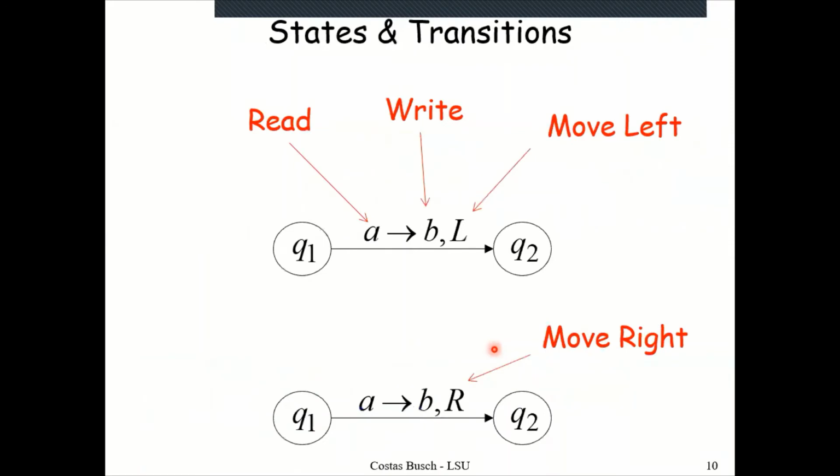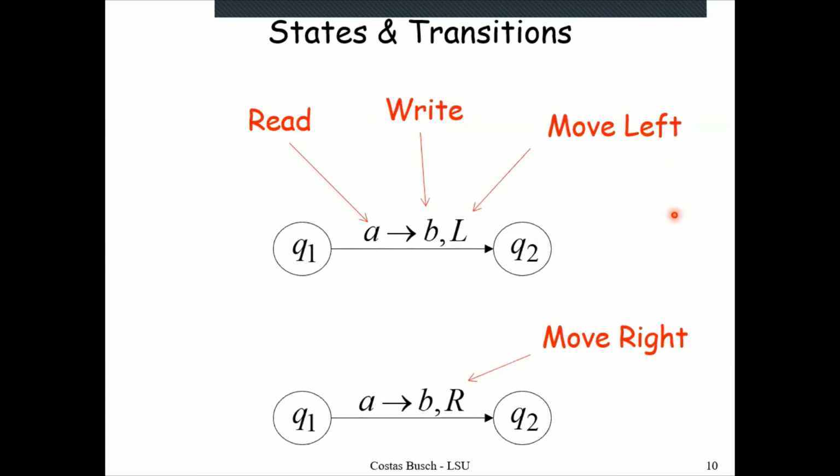Now, what is happening during the state transitions of the Turing machine? It has to know what is the active state, and it has to know what is the new symbol to be read. These are the two input arguments for the transition function of the Turing machine. And in return, the machine has to know what is going to be the next active state, the first thing.